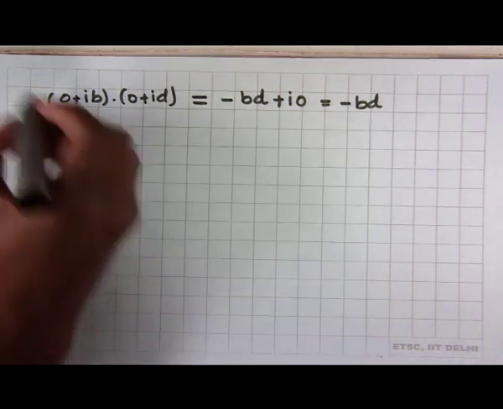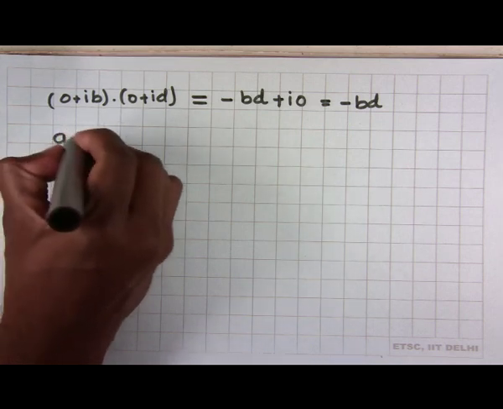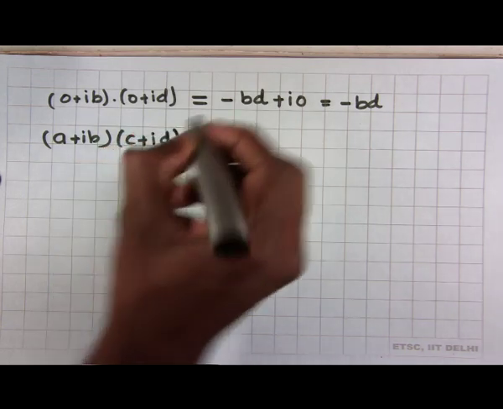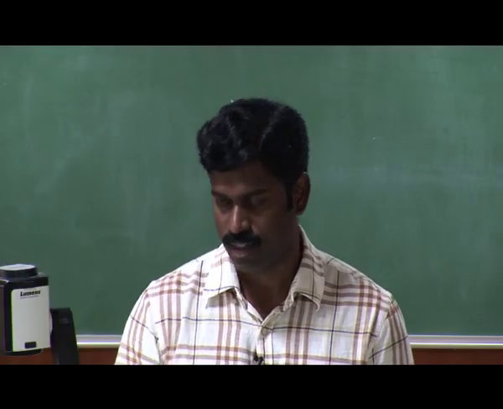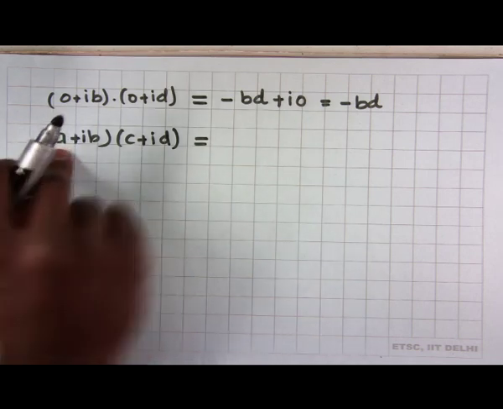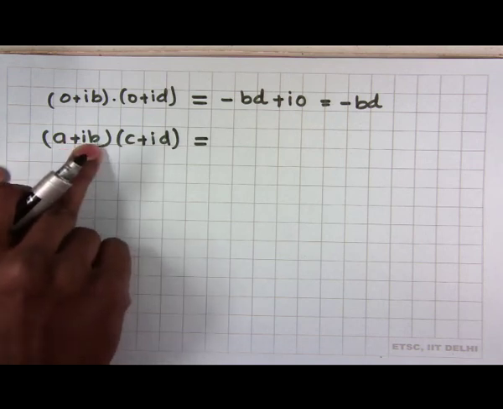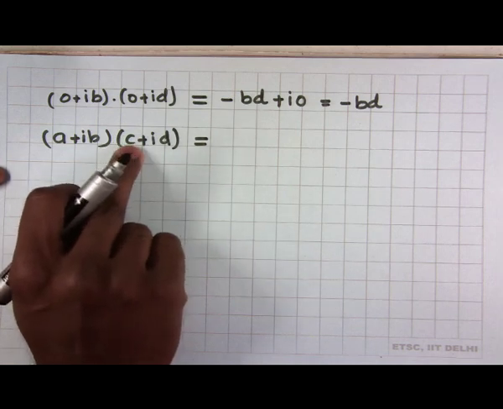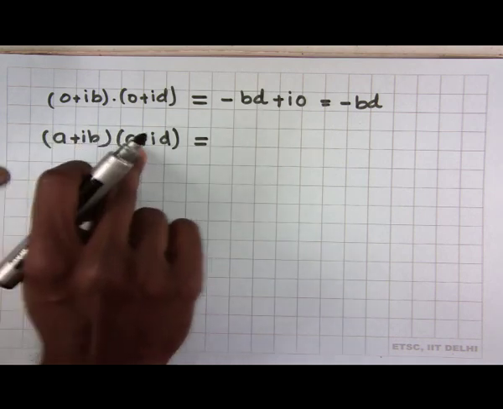And with this multiplication, we can see that for a plus i b and c plus i d I can do direct multiplication now. How do I define the product? Here a is a complex number carrying only the real part, and i b is purely an imaginary number, and similarly c is a complex number with imaginary part 0. So we can see that this is Z1, Z2, Z3, Z4.